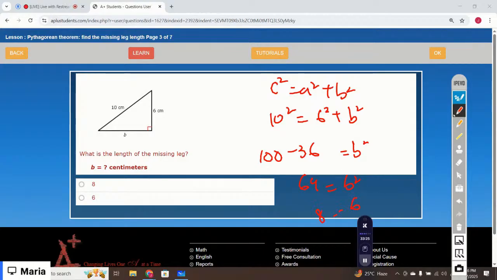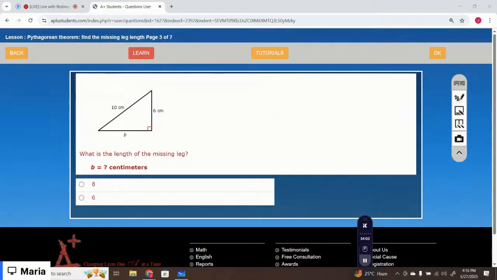So B equals 8. Option number 1 is the correct option.